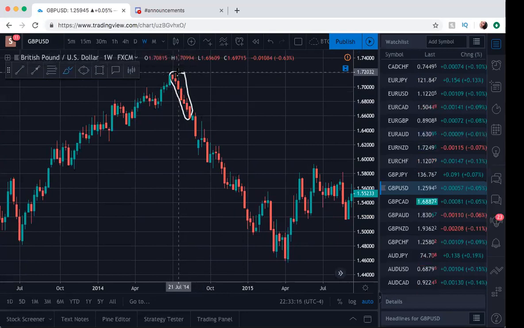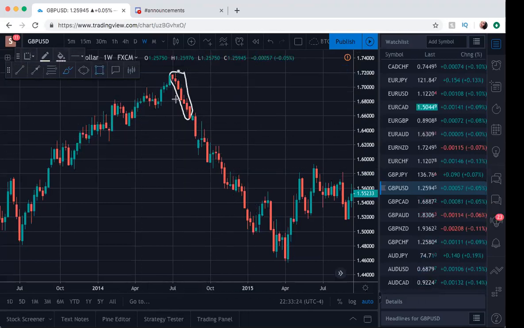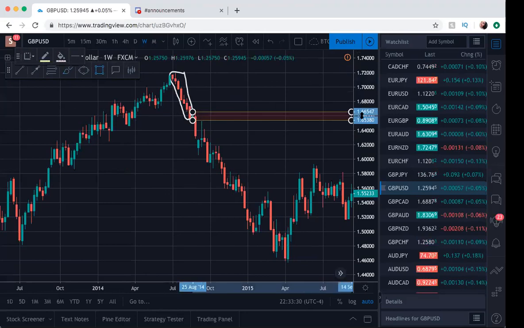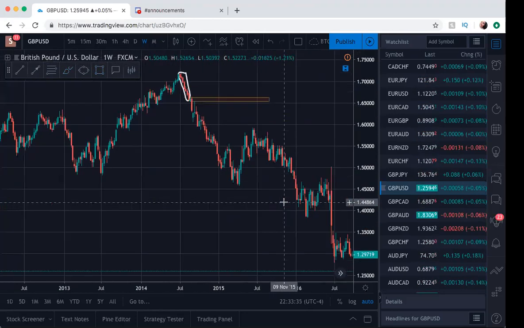So let me delete this. So this green candle right here will be an order block. I mean, this is on a weekly scale. So you can mark out these weekly order blocks and label them and pull them across your graph. I'm not too sure if this has been respected.